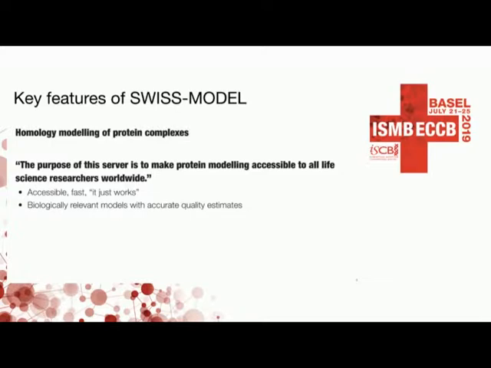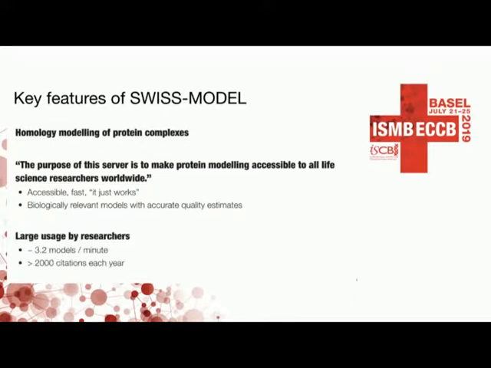And we want it to be fast, so a key property of our system is that it produces results in a couple of minutes, while still trying to be as accurate as we can possibly be in that amount of time. We want it to be responsive, reliable, easy to use, or in short, it should just work, all right? And at the end of the day, we focus on having biologically relevant models, meaning we want the complexes in their correct quaternary structure, and we want to have accurate quality estimates on the models so that you know what you could possibly do with the structure that you get out of it.